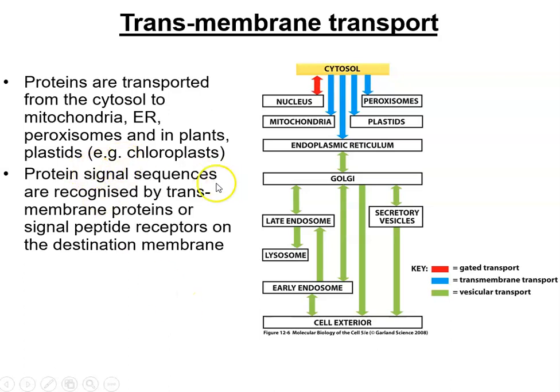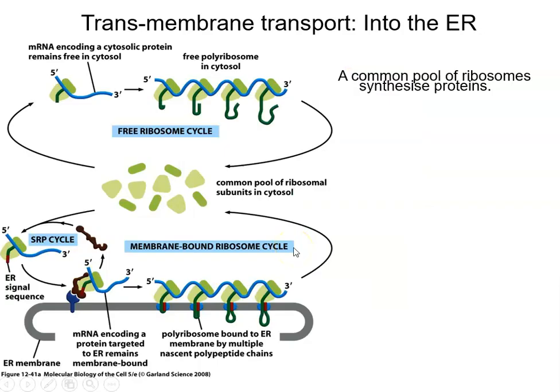These protein signal sequences are recognized by transmembrane proteins on those destinations, so on the endoplasmic reticulum, also on the plastids, on the mitochondria, and they will help those proteins get across the membrane to their new destination. So you should be familiar with this from your CBBM lectures last year, but I'm going to remind you of it anyway.